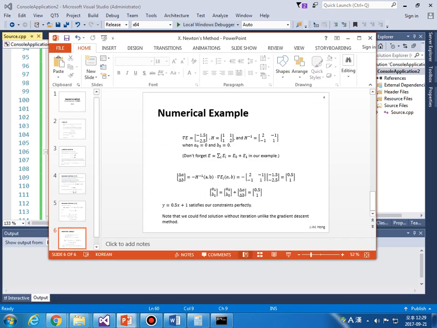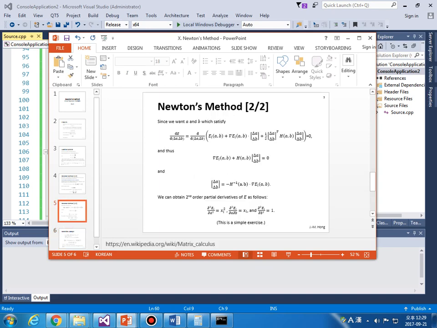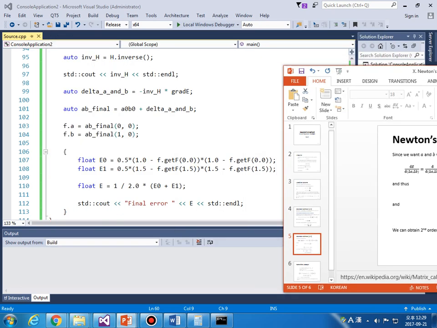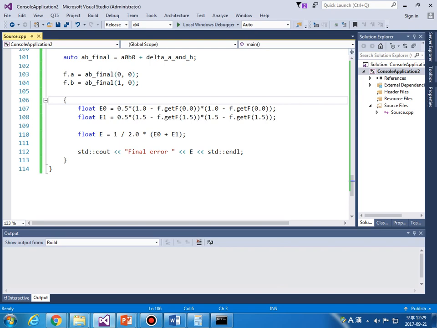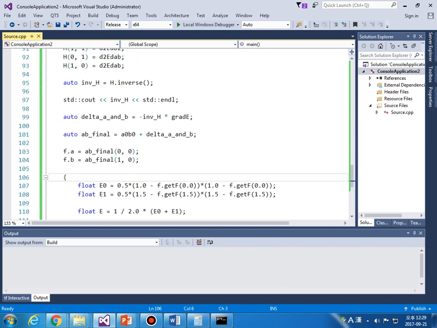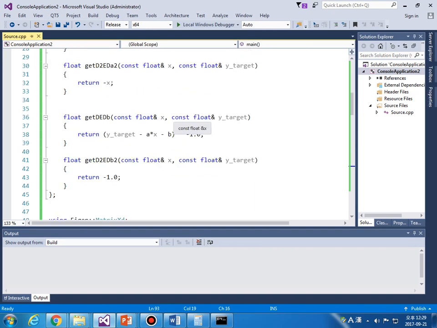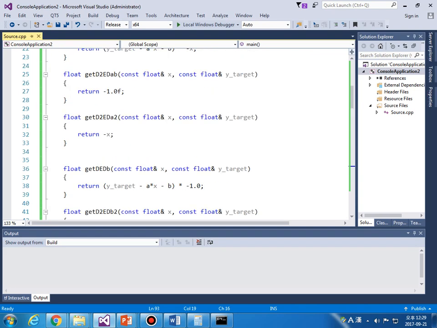So the slide is here. 해시한 미분이 틀린 것 같아요. 자, 이거 마이너스는 맞지? 그 위쪽에 정의했을 어. 클래스 안에 여기? DA2가 X제곱이고요.